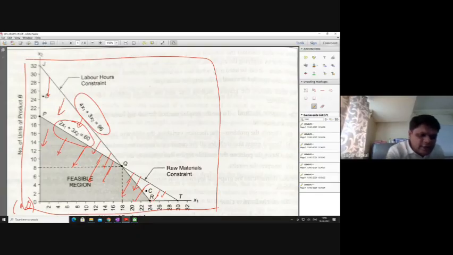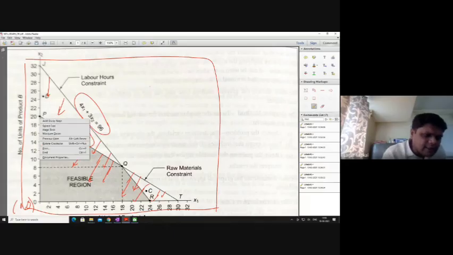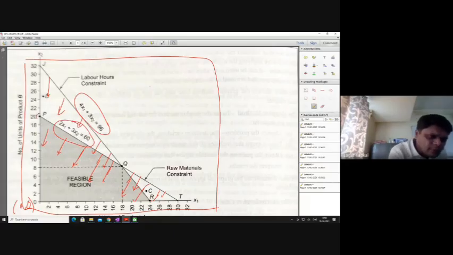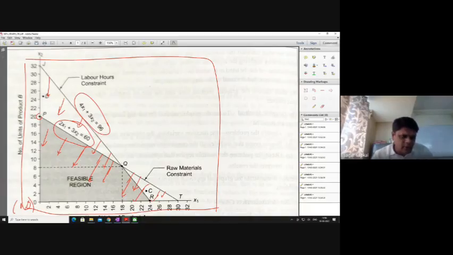The points which are close to 0, 0 need to be considered, amongst all the points made by these constraint lines. So you see here there is a point P. This one is point P, and the other point is away from point P, so you have to consider this.